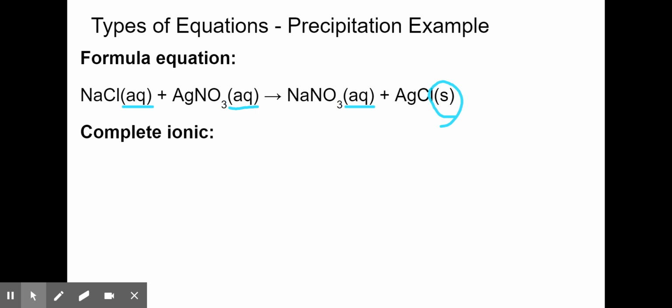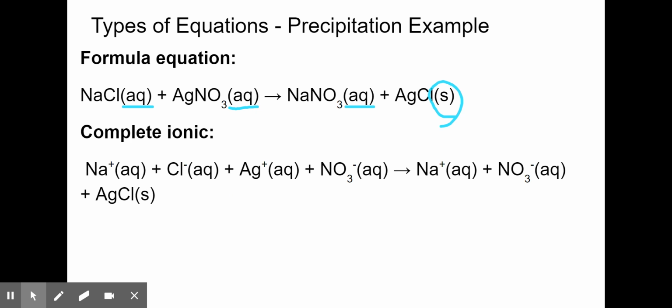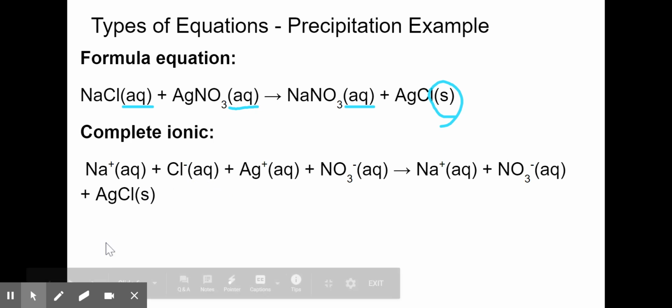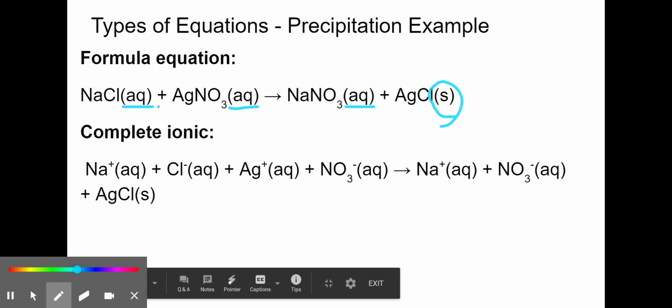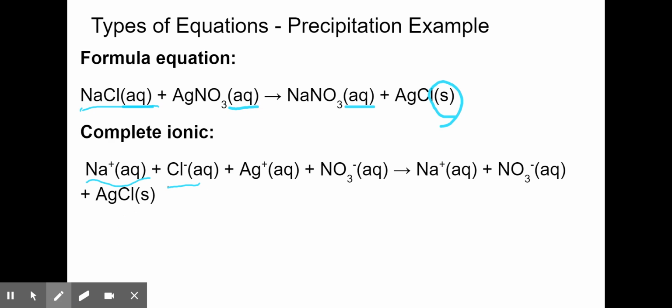The next type of equation is the complete ionic. And this is where I separate anything that's aqueous into its ions. So if you look at what I've done here, I took the sodium chloride that's shown here, and I split it up into the two ions, throwing a plus in between. Okay, the silver and the nitrate break up into ions, and again, I know that because it says aqueous, so I break that up into ions.